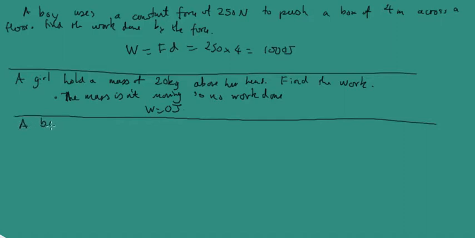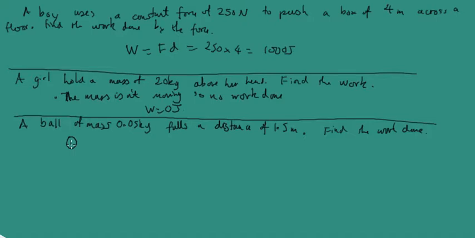A ball of mass 0.05 kilograms falls a distance of 1.5 meters. Find the work done. So if we consider this ball, its mass is 0.05 kilograms.